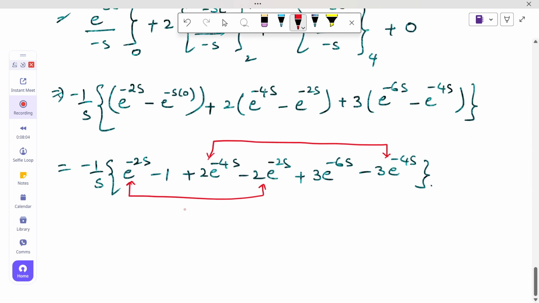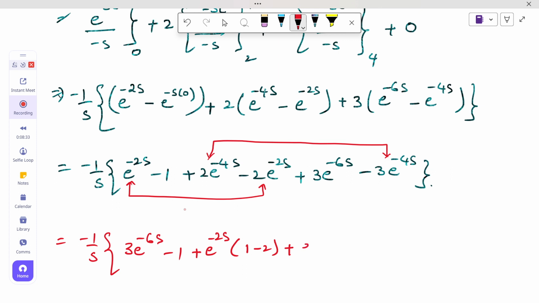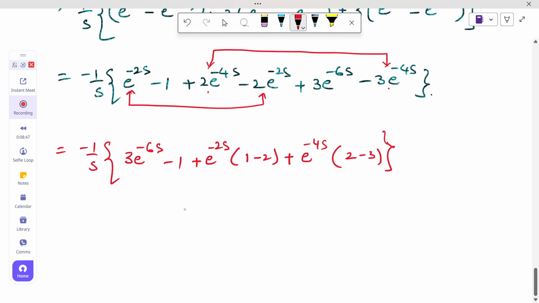We are left with minus 1 by s of 3 e to the power of minus 6s minus 1, which has no pairs.